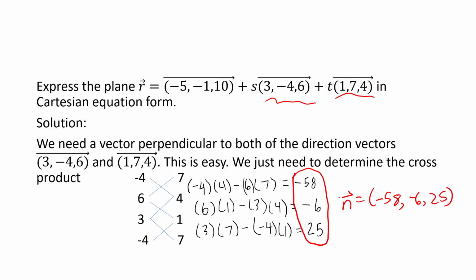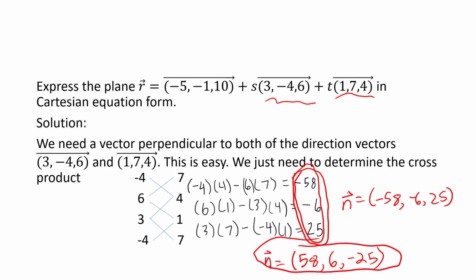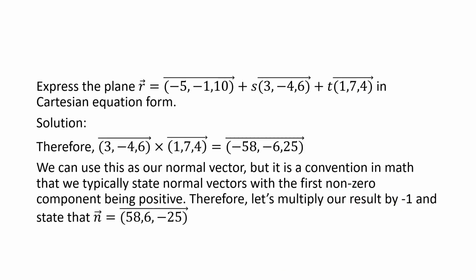So although 3, negative 4, 6 cross 1, 7, 4 is negative 58, negative 6, 25, to use the math convention, we'll say that our normal will be that vector times negative 1, and when we do that, our first non-zero term will be positive. Okay?